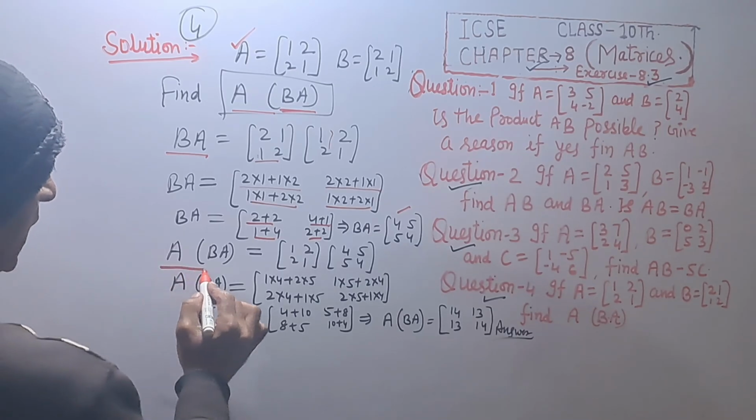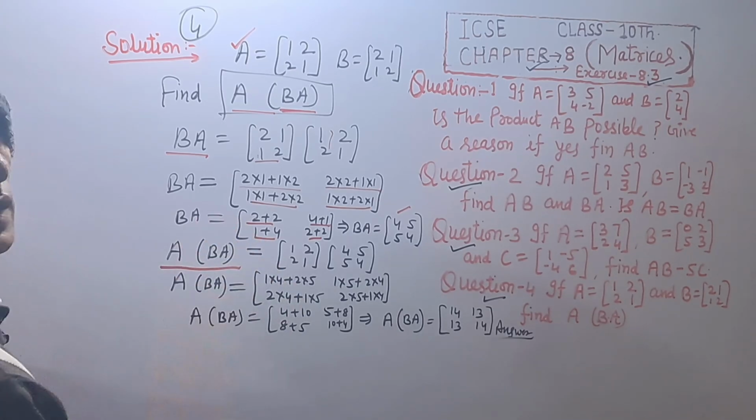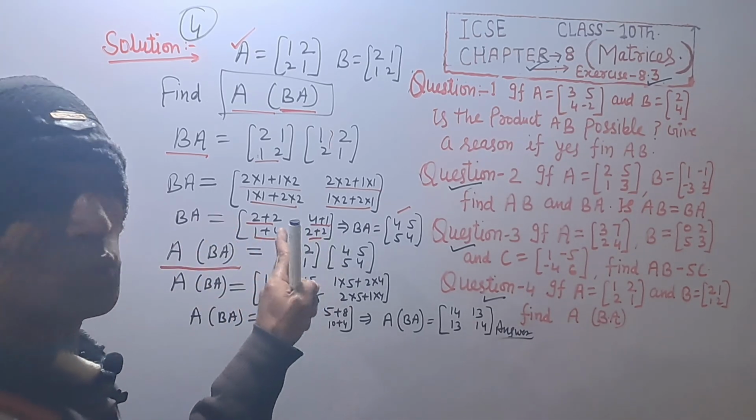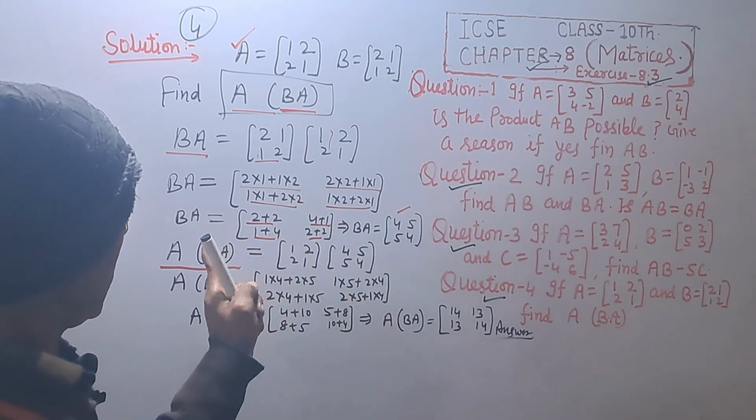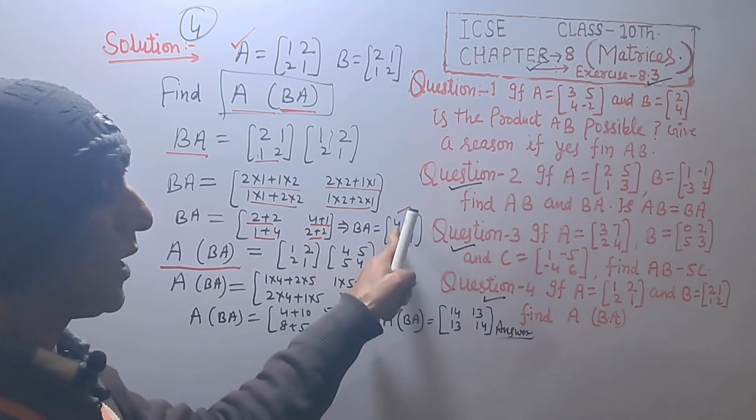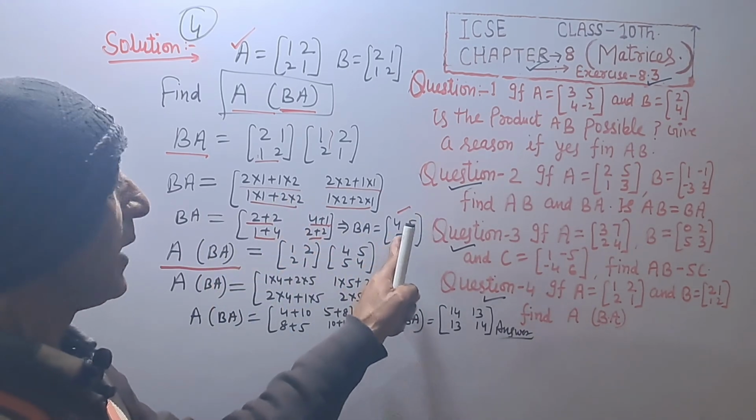And we find A into product of BA. That is A is 1, 2, 2, 1 and product of BA we found 4, 5, 5 and 4.